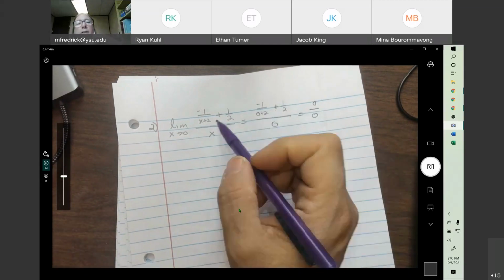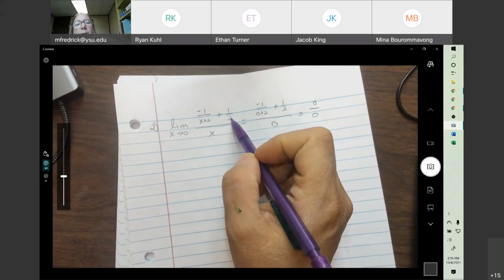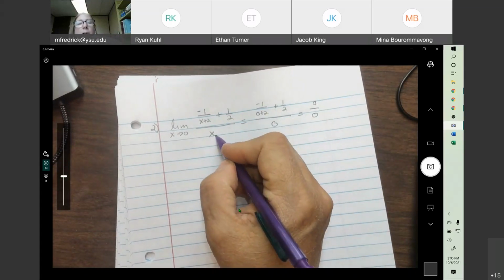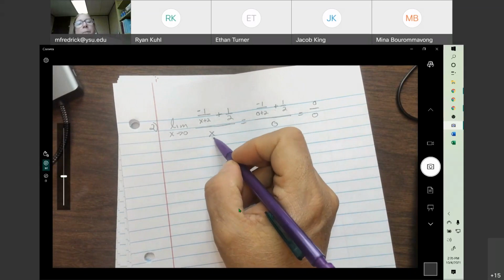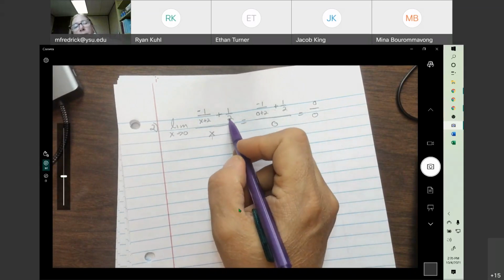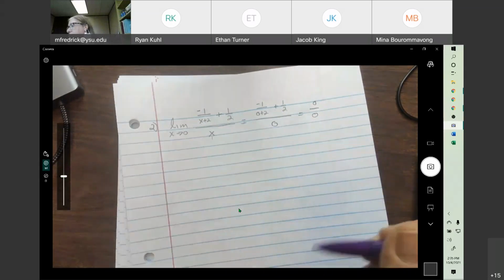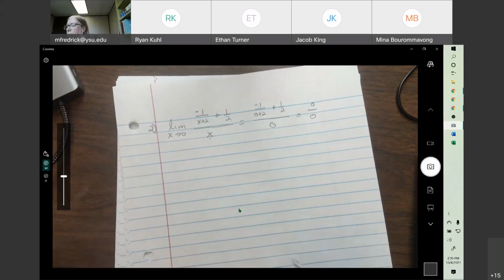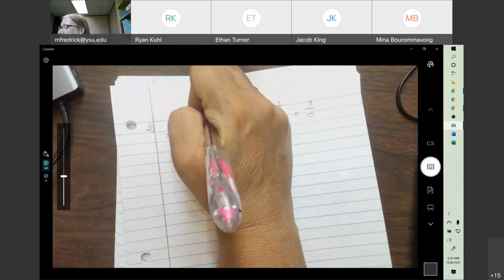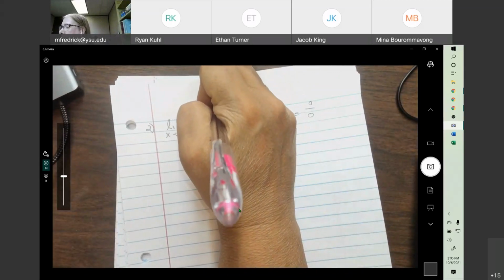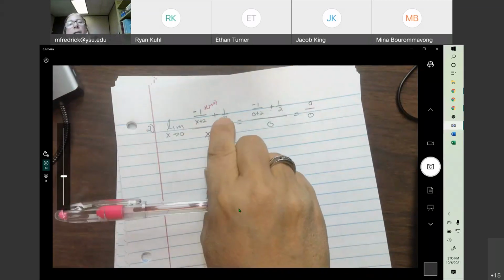To simplify a complex fraction, you look at the little denominators. So this one would be a 1, so we wouldn't have to worry about this one. But you take the common denominator of the smaller values, which is 2 times x plus 2. But you have to multiply all three terms by it. 2 times x plus 2, that came from these two denominators.